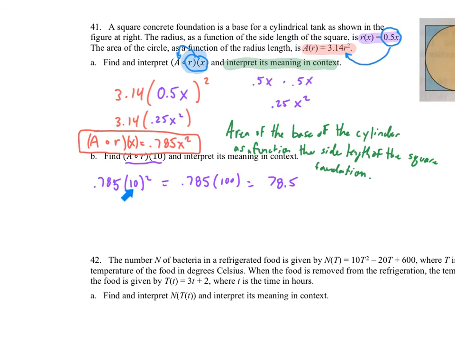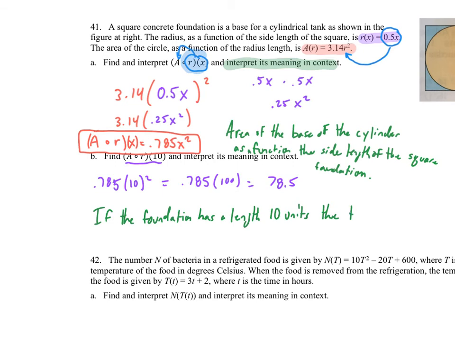So if the side of the square is 10, then it gives us out A, which is the area of the base of the cylinder. Again, you guys don't need to worry about this interpretation. If the foundation has a length of 10, they never told us units, so if it's feet or whatever, they would just have to say 10 units.